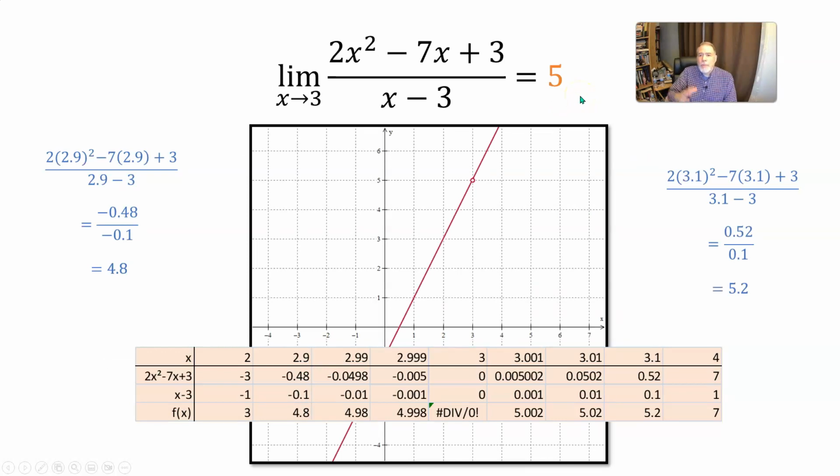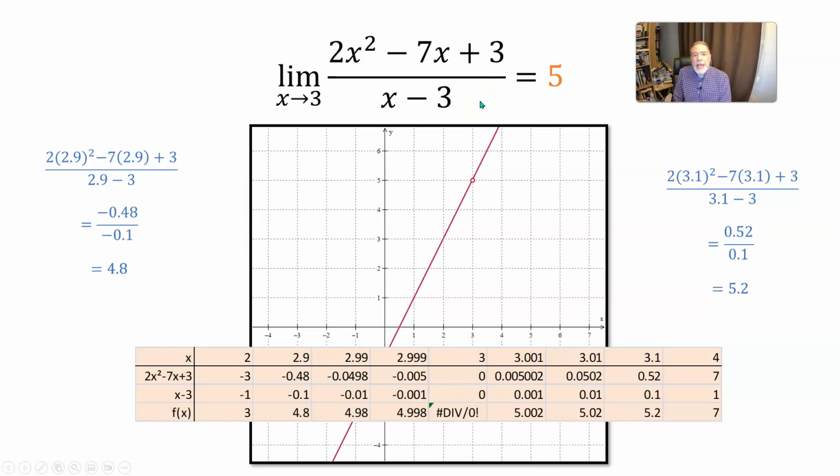Now, if you saw my previous video where I introduced limits, one of the examples I showed was this one right here, that the limit as x approaches 3 of the function 2x squared minus 7x plus 3 over x minus 3 is 5. I showed that graphically. I showed it numerically.